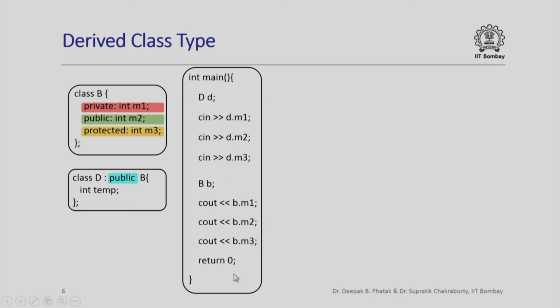In the main program, I am instantiating an object D of class D, and then I am trying to read in the members D.M1, D.M2, D.M3. Note that these members M1, M2, M3 are actually members of the base class B, and we are trying to access them in an object of class D because the class D itself is derived from the class B.